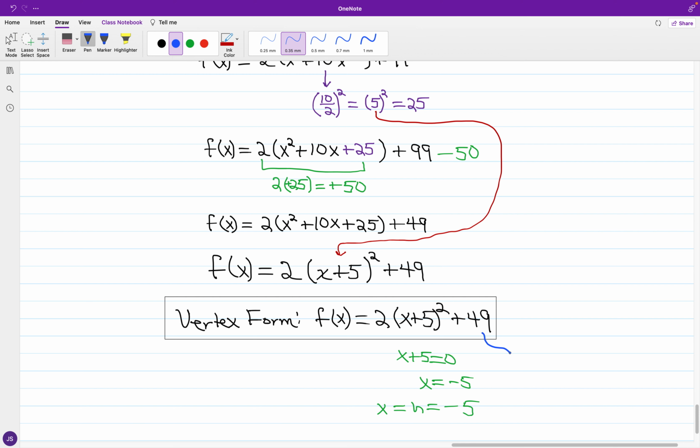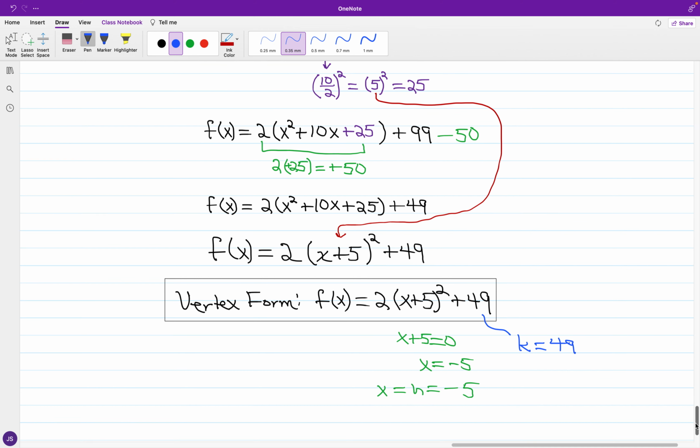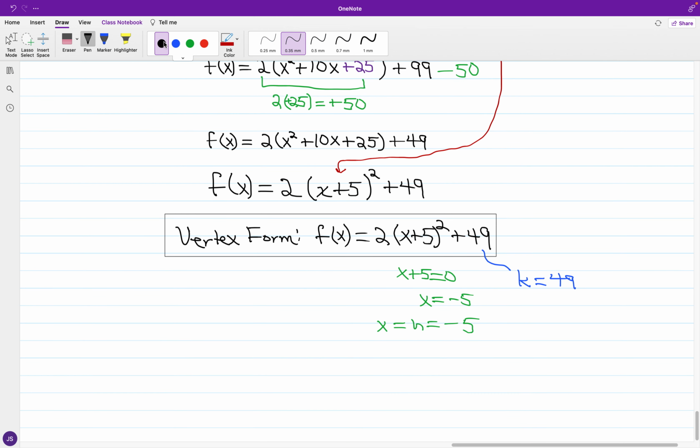And for the k value, we have that k is equal to 49. And so with the coordinates for the vertex (h, k), this will end up at -5, 49.